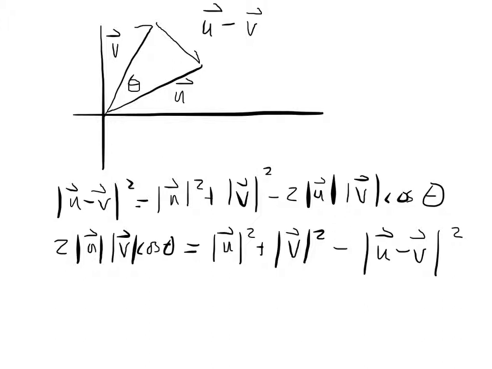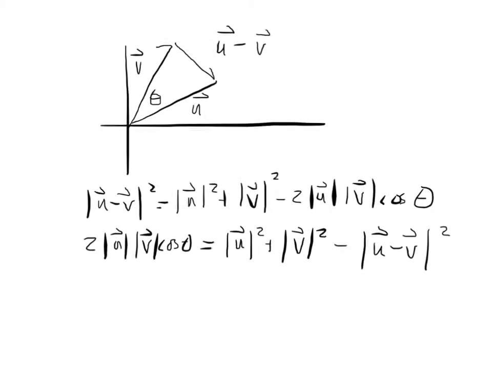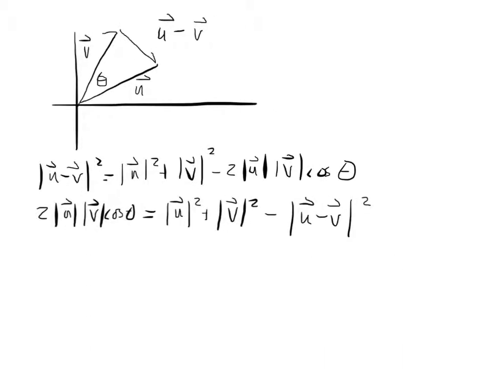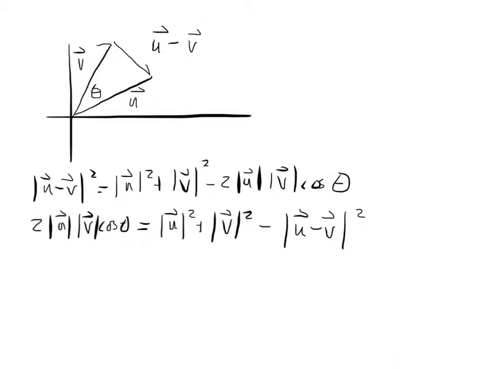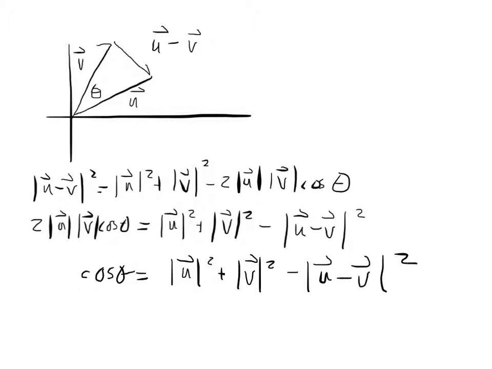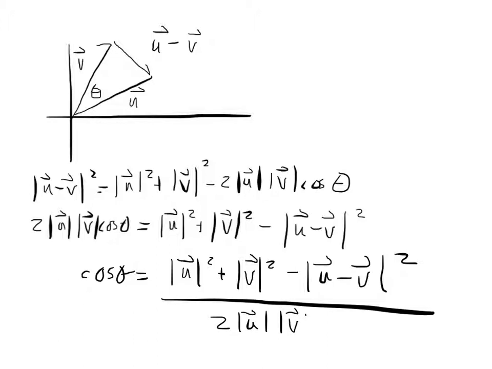If I then go ahead and divide both sides by 2 magnitude of u times v, I get cosine theta equals magnitude of u squared plus magnitude of v squared minus magnitude of u minus v quantity squared, all over 2 magnitude of u magnitude of v.